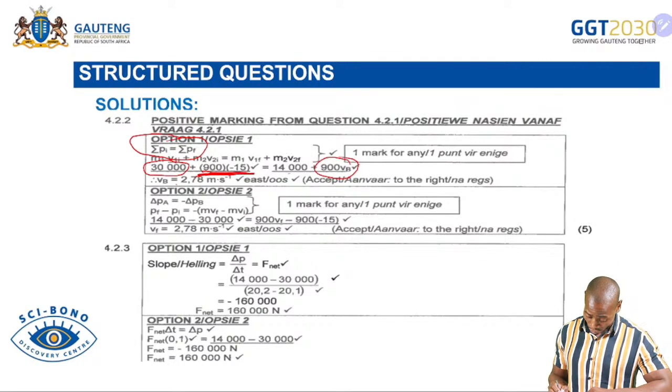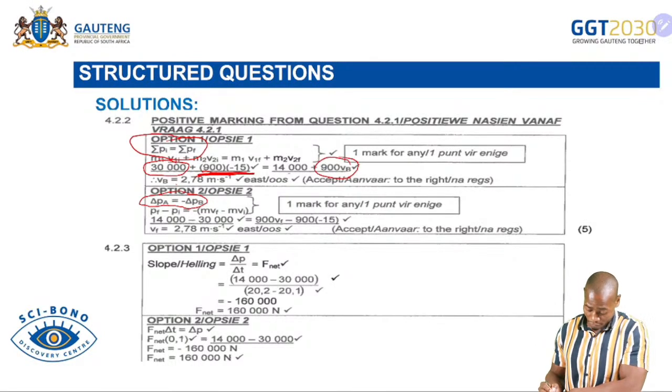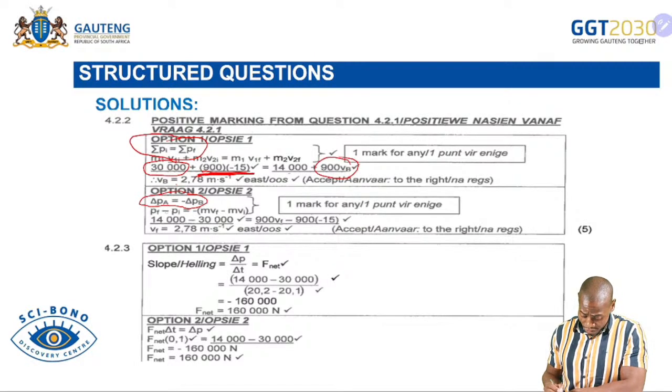So this is another option to calculate the final velocity of car B. They're using Newton's third law, which is change in P for A equals negative change in P for B. During contact, forces exerted by objects on each other are equal.